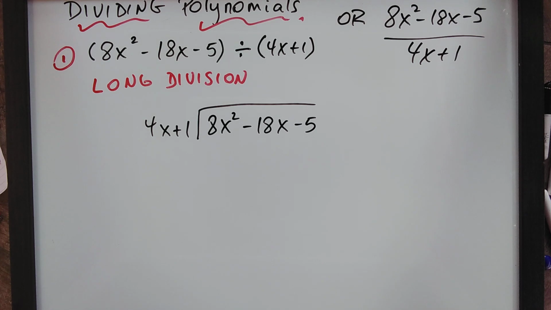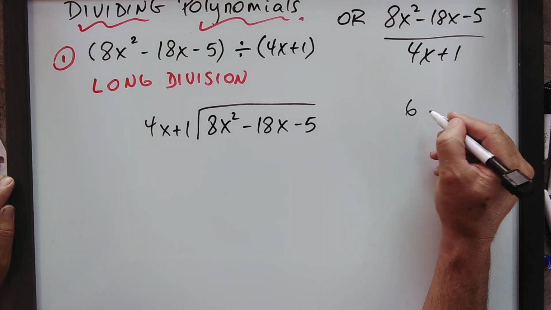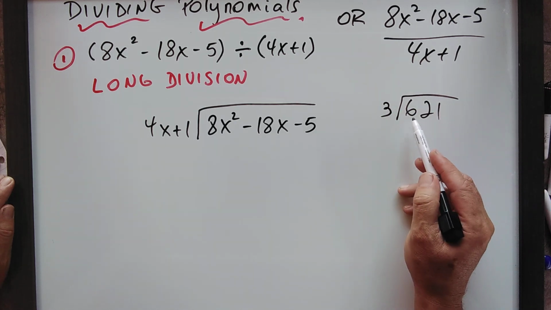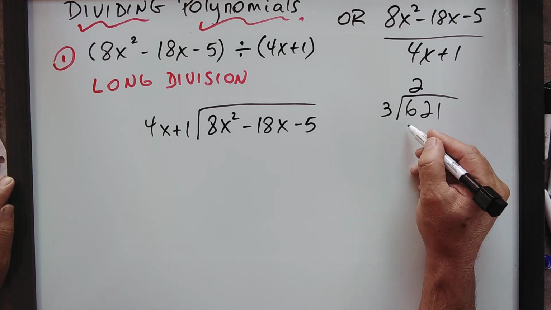The procedure is very similar to when you divide regular numbers. Just to refresh your memory, if you're dividing, for instance, 621 divided by 3, you divide the first number by that one. 6 divided by 3 is 2, then you multiply. 2 times 3 is 6.